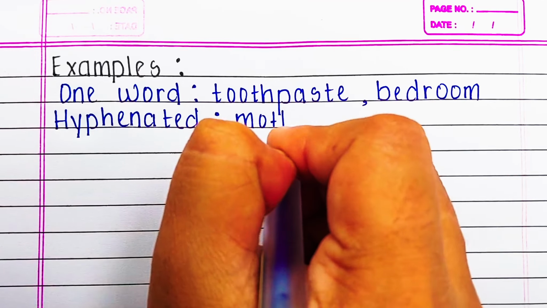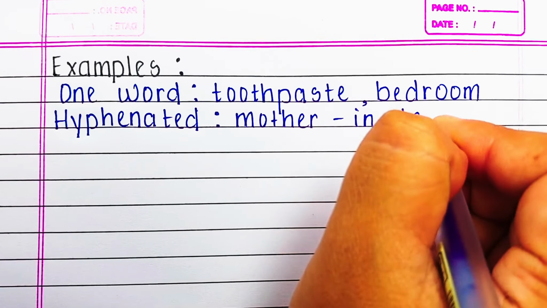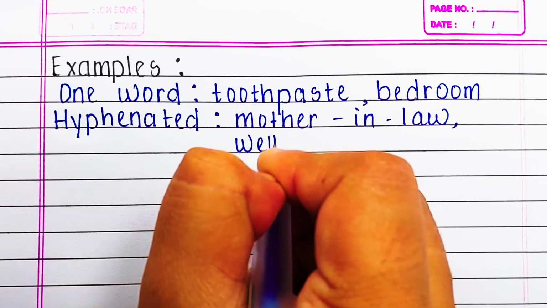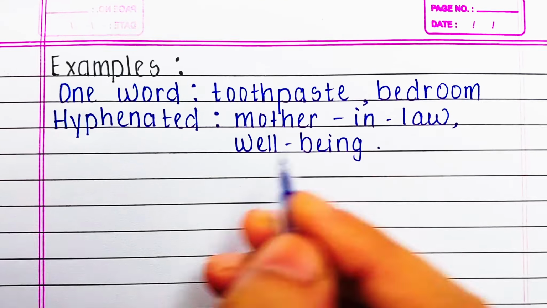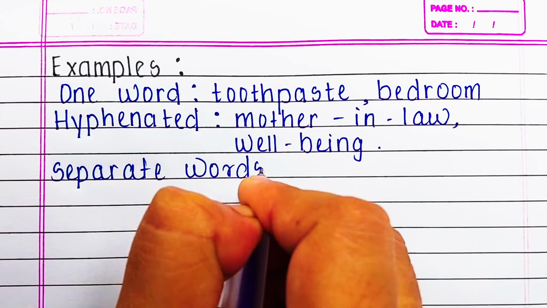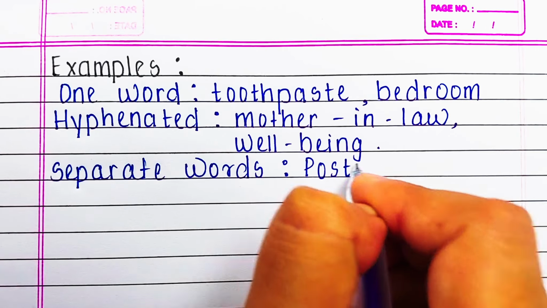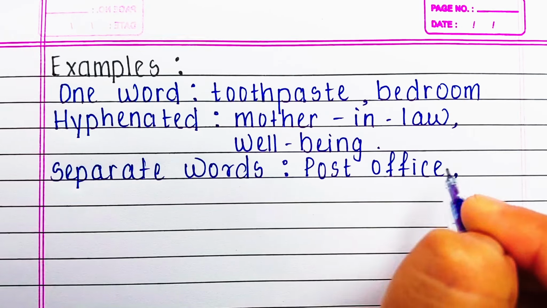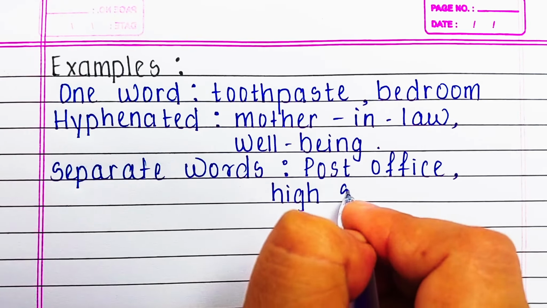Examples of one word: toothpaste, bedroom, etc. Examples of hyphenated words like mother-in-law, well-being, etc. And separate words like post office, high school, etc.